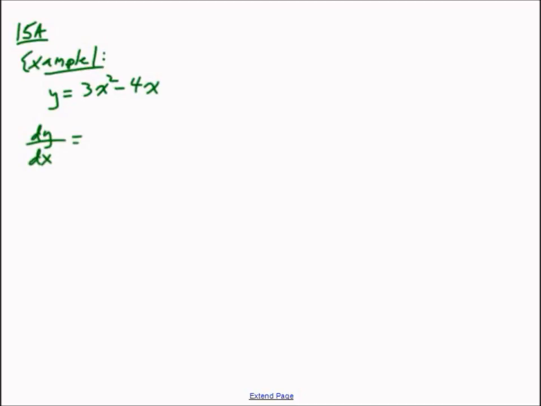Okay, we're going to look at some examples here, taken right from your textbook, Chapter 15, Section A, Example 1. If y equals 3x squared, subtract 4x, find dy dx. So dy dx, that's the derivative, would be 6x subtract 4.